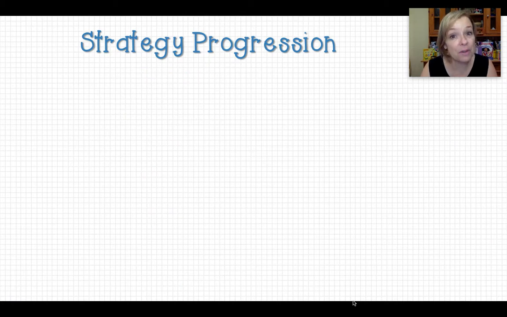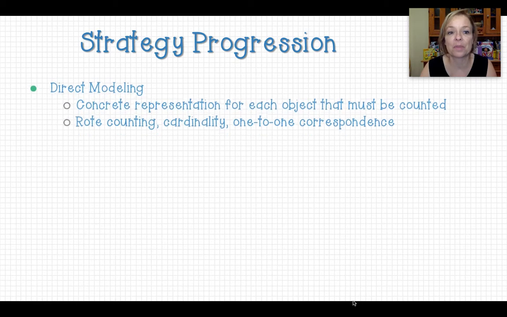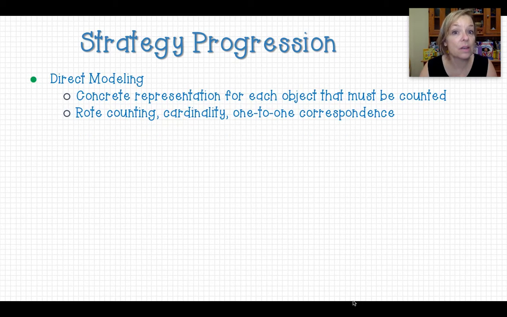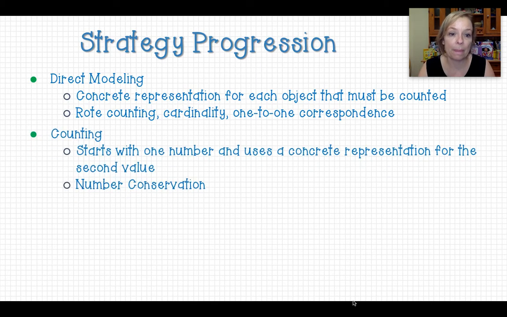So remember the strategy progression, because this also informs our decision-making today. We learned that students use direct modeling, which is concrete representation for each object that must be counted. Rote counting, cardinality, and one-to-one correspondence often surface in this strategy.